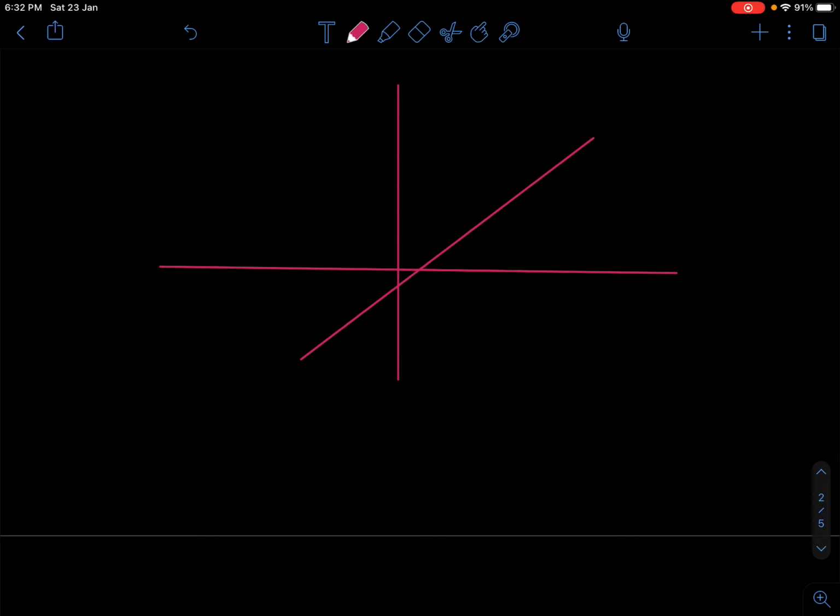The angle that is forming from the positive x-axis, this theta, the tan theta of this theta is the slope.